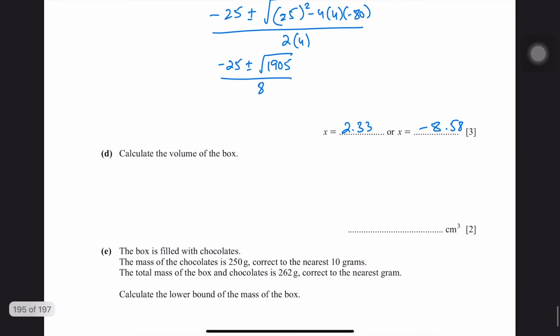Calculate the volume of the box. So the volume is length into width into height. Obviously the height can't be negative, so I'll just take the plus. 5 plus 2.33, and the length is 2 times width. Let's just call that, since I've run out of space.